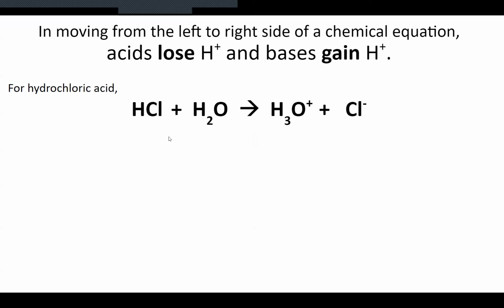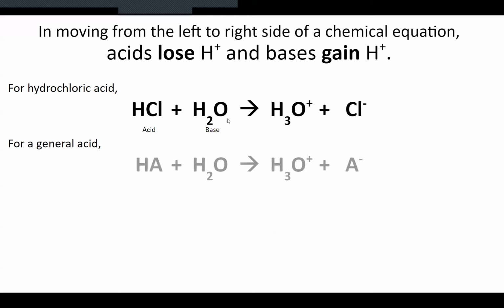The other reactant, the H2O, upon receiving an H+, became H3O+. H2O has two hydrogens, H3O has three hydrogens. So one of the reactants lost H+, that was the HCl, that's the acid. The other reactant gained H+, that's the base. So the base is the one that receives an H, and the acid is the one that loses an H.